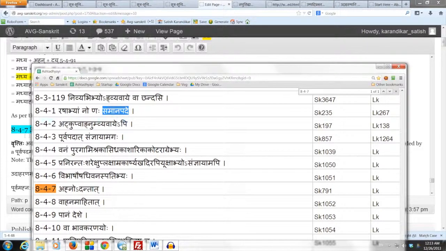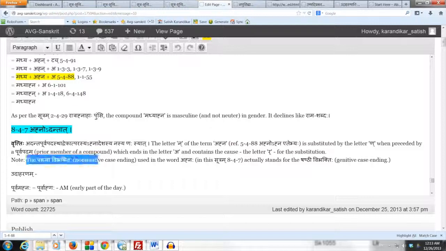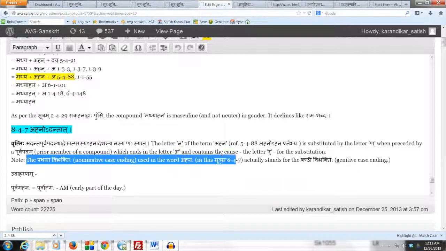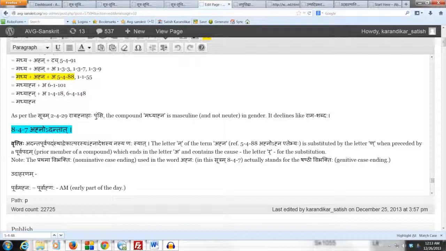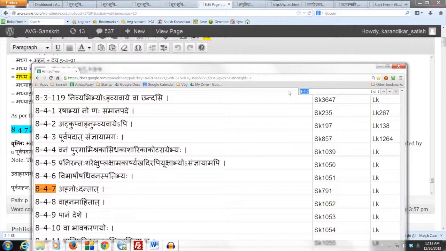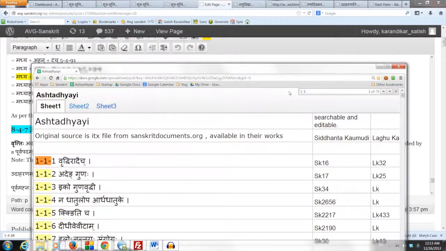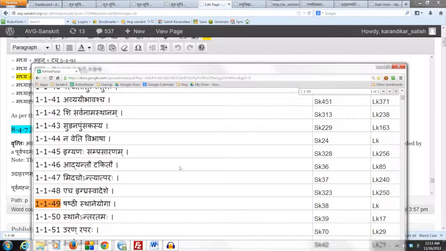Note here that the prathama vibhakti, nominative case ending, used in the word ahnaha in this sutram 8.4.7 actually stands for the shashti vibhakti, genitive case ending. That is why the vritti says ahnadeshasya, shashti ekavachanam. As per the sutram 1.1.49, shashti sthane yoga, we know that the term that is being substituted should be denoted by using a sixth case affix in the sutram.